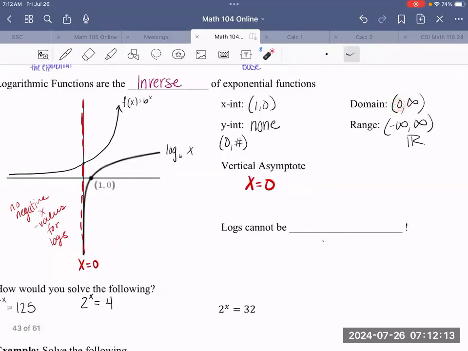Notice that we start as close as we can to 0 and then go upwards. So that eliminates any negative x being placed into your logarithmic function. So logs cannot be negative. You will see an error on your calculator if you try to insert a negative into your logarithm because it is just not allowed.